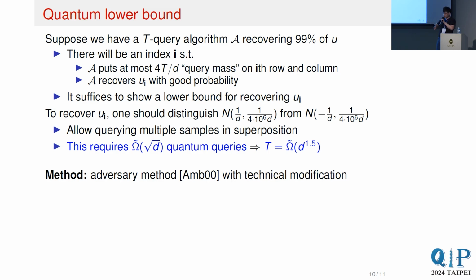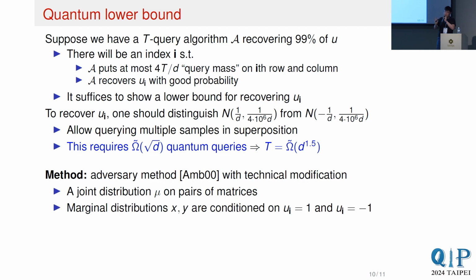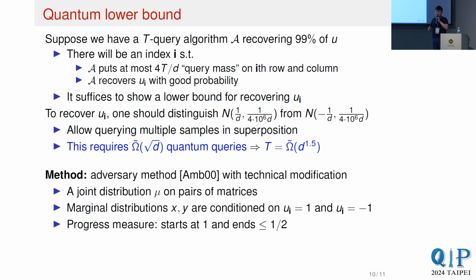And here is a quick sketch of how everything works. If you want to show such a square root of D lower bound, we use the weighted adversary method with some technical modification. The idea is we find a joint distribution mu on pairs of matrices, with marginal distributions x and y conditioned on UI equal to 1 or -1. Like everyone does in the adversary method, we start with a progress measure of 1 and end up with a progress measure less than 1/2.